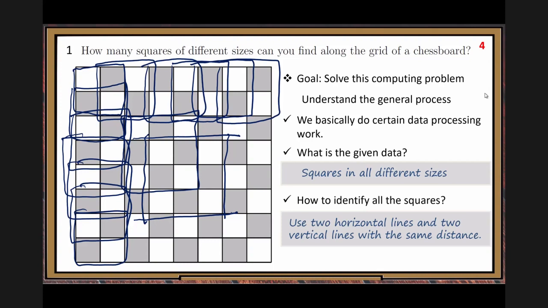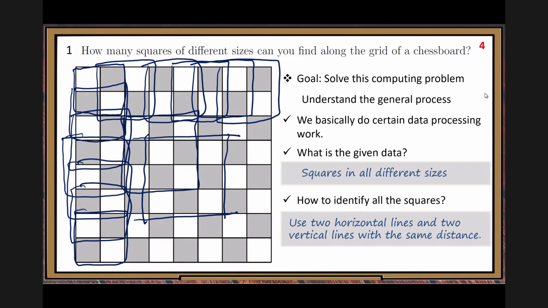Now, here you can see we do some experiments. What did we just do? 2 by 2, horizontal, vertical. That's our experiment on data. We do experiments for some special cases. In our real-world problem solving, we always do it that way.